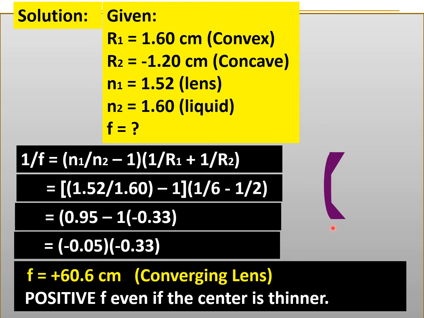So this is one rare case where a lens whose physical appearance appears to be a diverging lens, when immersed in a liquid, such as this one here, whose index is higher than the index of refraction of the material for this particular lens, will in fact become a converging lens. So that's it.